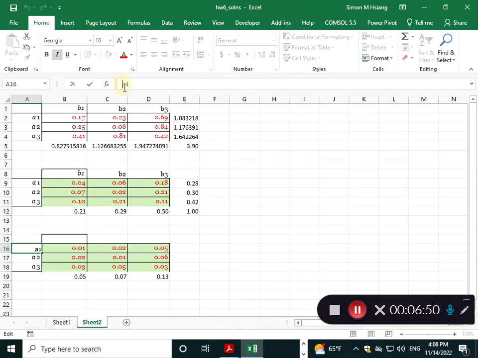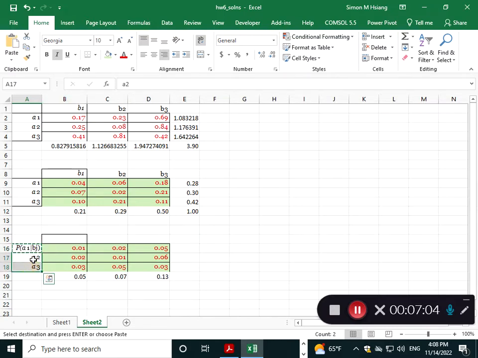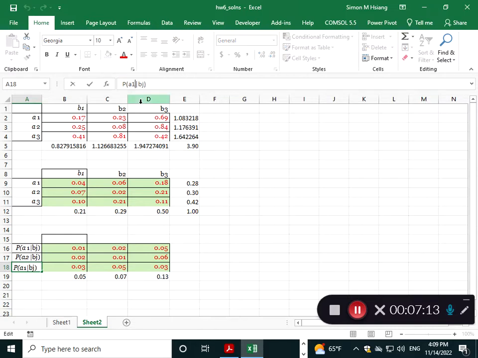The problem here is, given BJ, what will happen to A1? And given BJ, what happened to B2? Given BJ, what happened to A3?